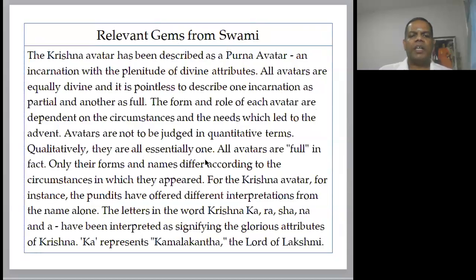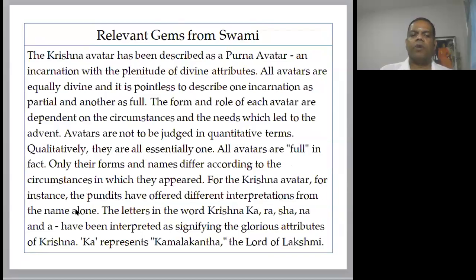Avatars are not to be judged in quantitative terms. Qualitatively, they are all essentially one. All avatars are full. In fact, only their forms and names differ according to the circumstances in which they appeared.